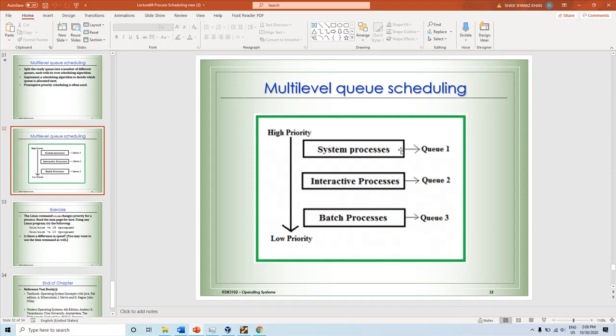The processes in the system processes queue would have the highest priority, and the interactive processes of users would have a middle-level priority. This is called multi-level queue scheduling, where scheduling is applied to different queues of different sets of processes.